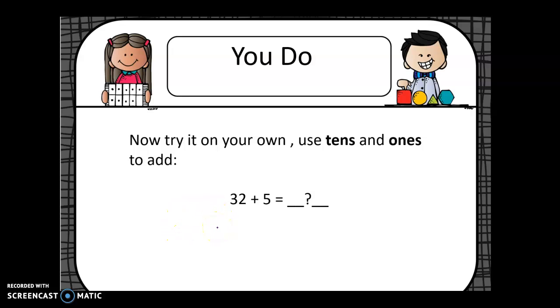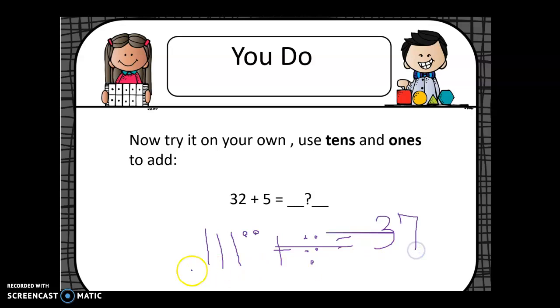I'll give you a second to do this. Okay, and your response should have been 10, 20, 30 for 30, 31, 32 for the 2-digit number 32, plus 5 ones. 1, 2, 3, 4, 5 is going to equal the number 37.